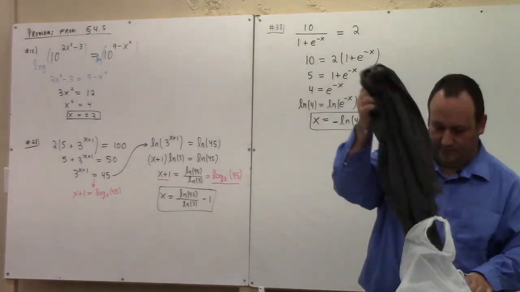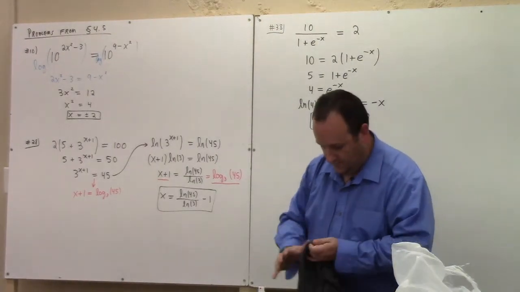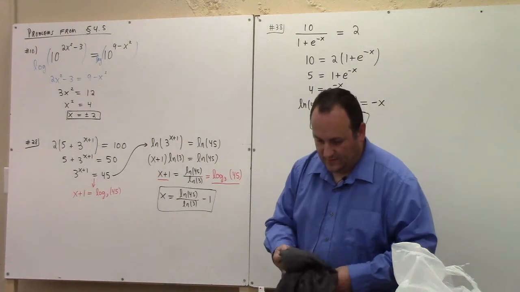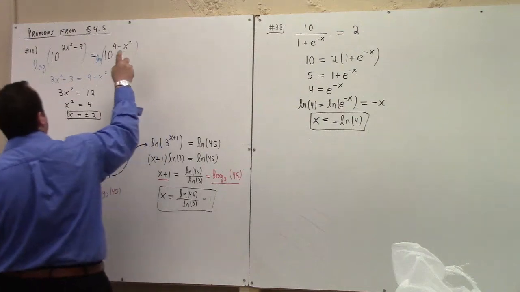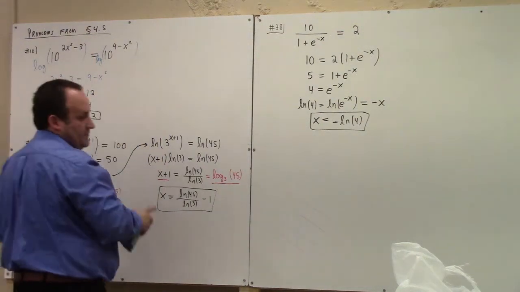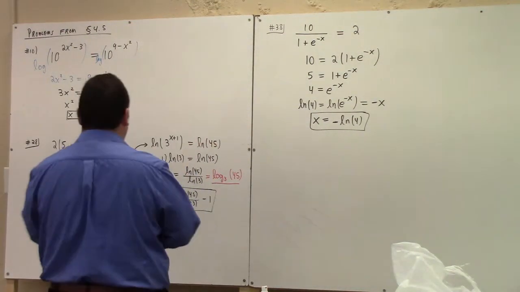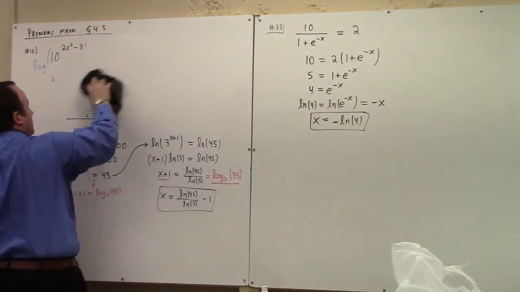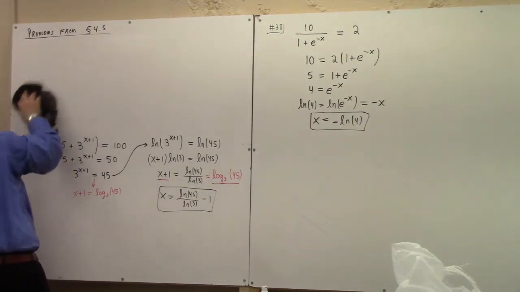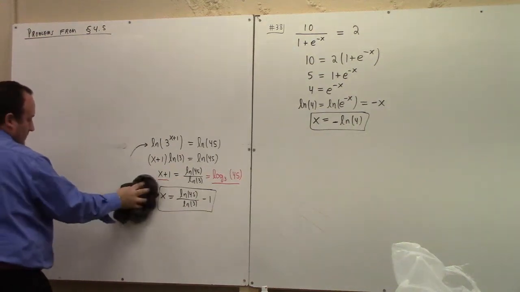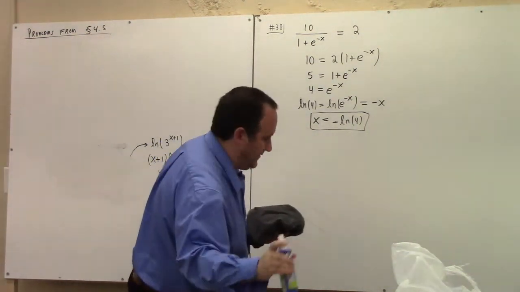So next up, let's work one of these exponential equations of quadratic type. The one I'm about to do is definitely different than the ones we have done so far.